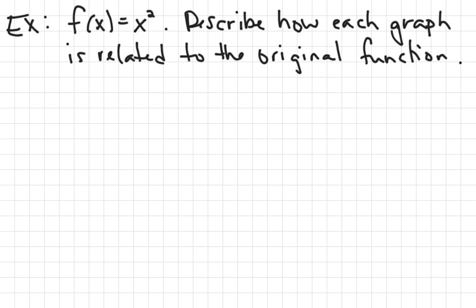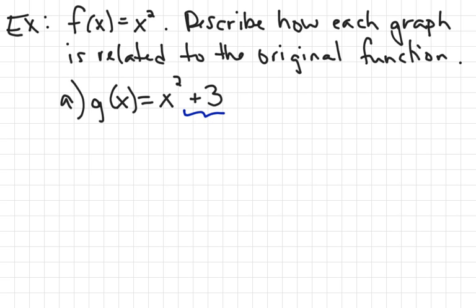Now I claim that you can tell me what's happening to a graph without having to graph it. The original graph of a function, f of x equals x squared, is called the parent graph. So if I want to know how the graph of x squared plus 3 is related to the original graph, I want you to notice the only difference is this plus 3.